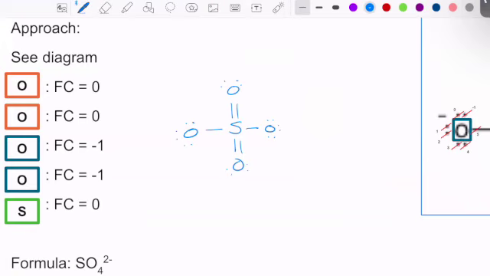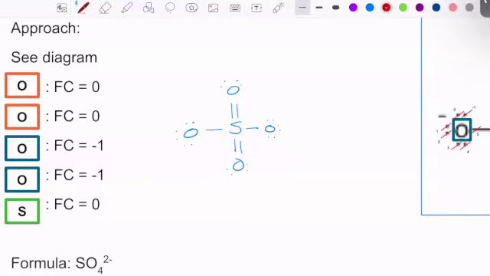Using that same approach, let's start at the very top, at this oxygen. We know oxygen has 6 valence electrons. When you're calculating these formal charges, you want to start counting one less than the number of valence electrons.